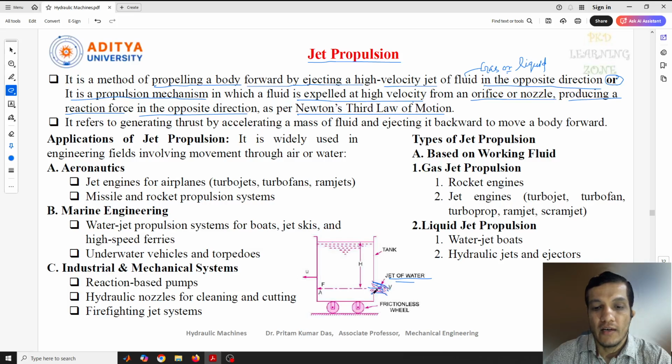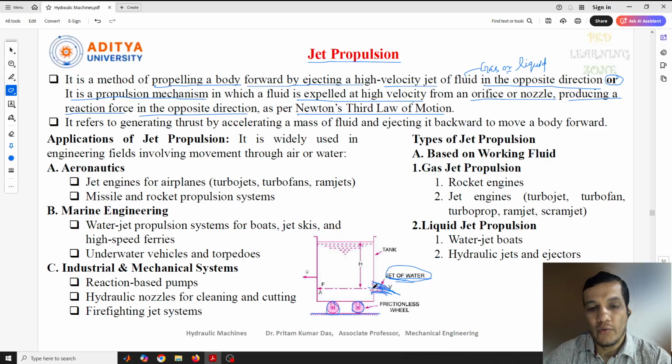This is the outlet. This tank is situated on a frictionless wheel. Now the fluid is coming out from this tap, or from a nozzle, and this is called a jet of water.